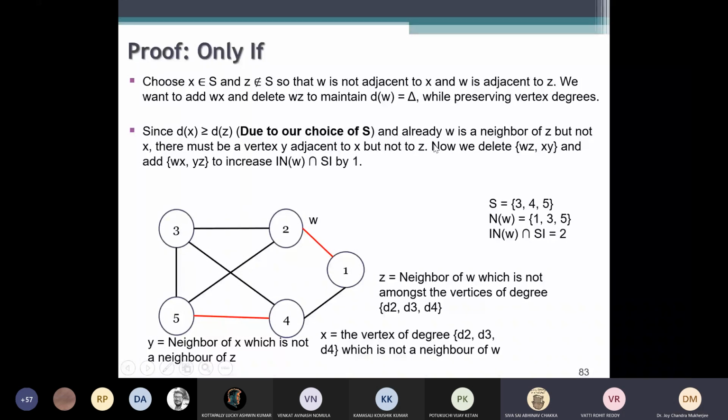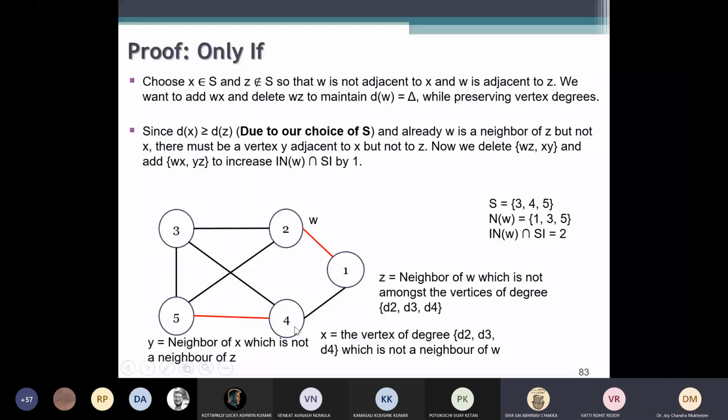So basically what it is trying to say is that W has a neighbor z which does not belong to S. Then S has a vertex 4 which is not a neighbor of W. Now our objective is to add the edge to 4 and delete the edge to 1.